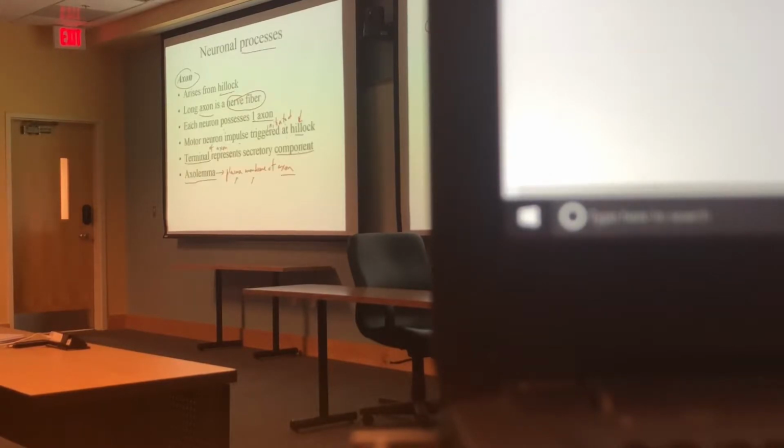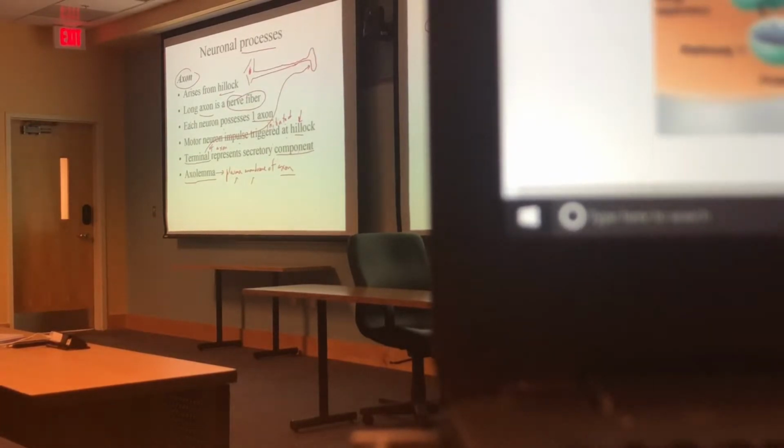So what happens, guys, is something like this. You have a neuron. Here's the axon. Then it ends at what's called a terminal. Here's a terminal, and that's the part of the axon where there is what going on? Secretion. What is going to be secreted at this terminal, guys? The neural what? Neurotransmitter.